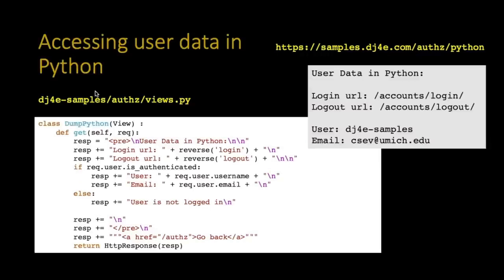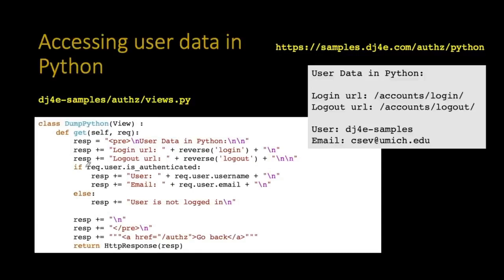You can access this user data in Python. It's in a little different spot. It's in the request. I just changed the name of request to REQ. That's just a variable name you pick. I will generally always write it as request or REQ.